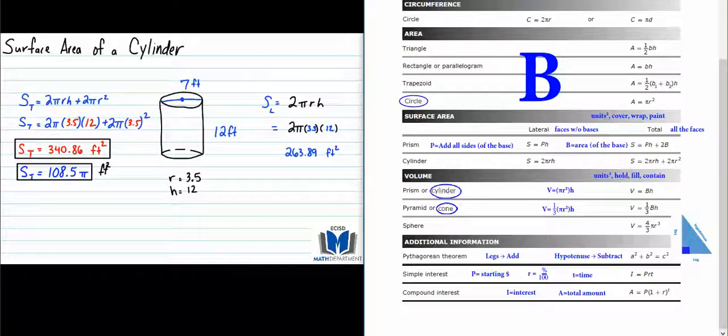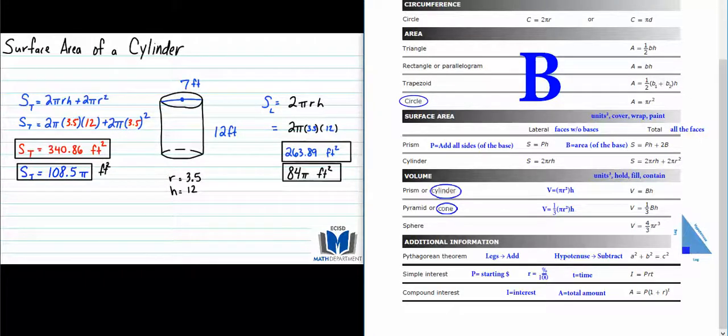In this case, all surface area problems will be squared. And then if I was to work that out without the pi, I would end up with 84 pi. And it would still be units squared. So this is for cylinder, probably the easier of all the formulas, but that's how you find the surface area of a cylinder, depending on whether you're asked for total or lateral.